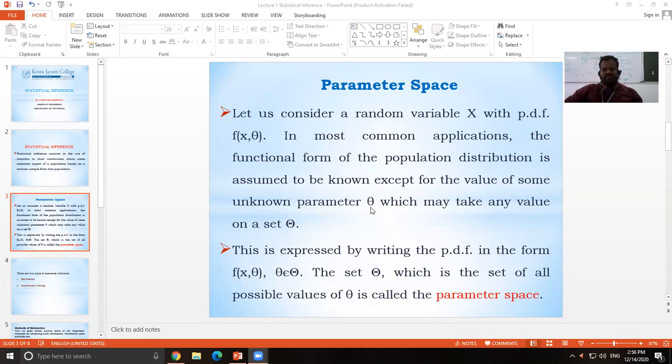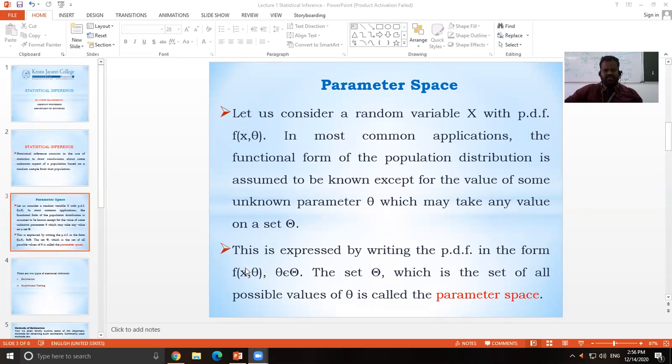These theta values belong to a set, capital theta. This is called the parameter space. Any unknown parameter theta belongs to the capital parameter theta, which is the set of all the parameters. This is expressed by writing the probability density function in the form f of x comma theta.